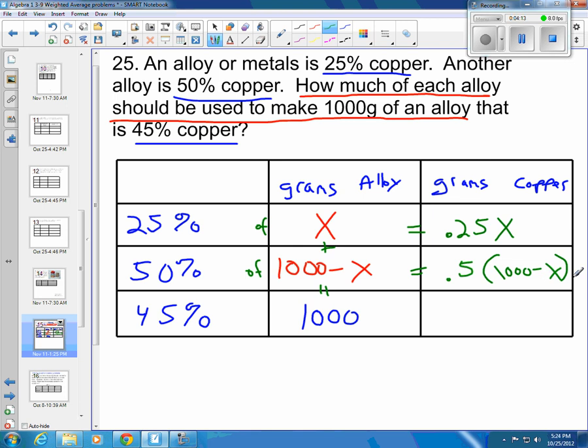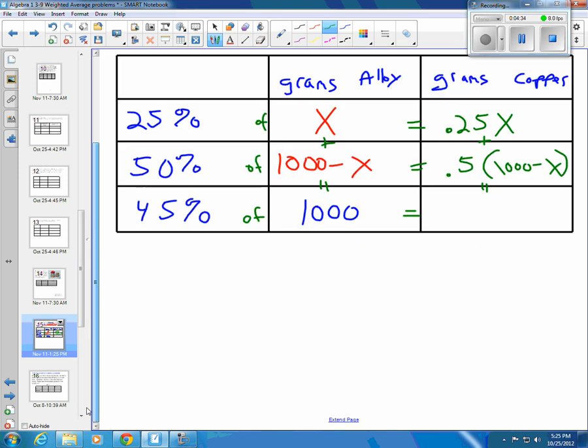And then we have the same problem we've had in the last problems: how do we fill in this corner box? Well, you can either come down the column or across the row. So 45% of 1,000 is going to be equal to that number. Or I'm going to have so many grams of copper plus so many more grams of copper to be equal to our total grams of copper.